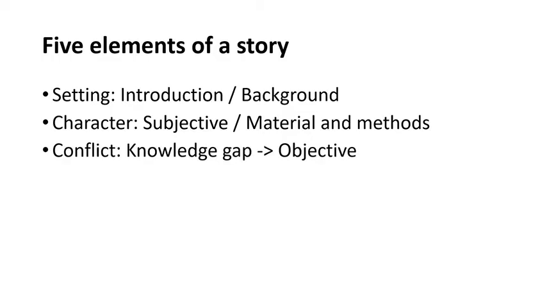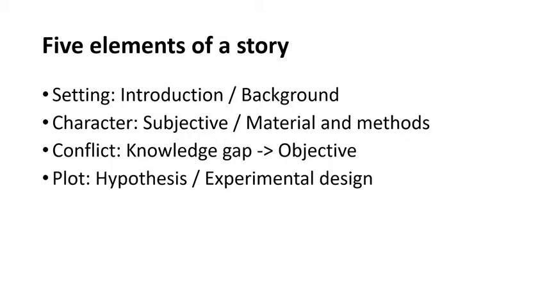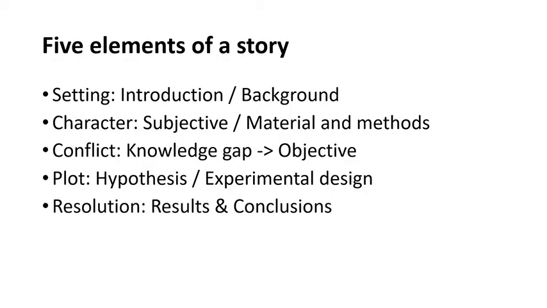And then there must be a conflict. Whatever you tell them about the background has to lead to a conflict, which in our presentation would be a knowledge gap. The knowledge gap also leads to the objective, so that there's a purpose for your study: to fix this knowledge gap. Then the plot would be your hypothesis and experimental design to answer this question, and the resolution would be your results and conclusions.